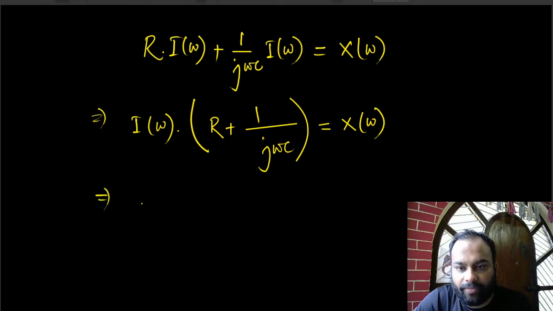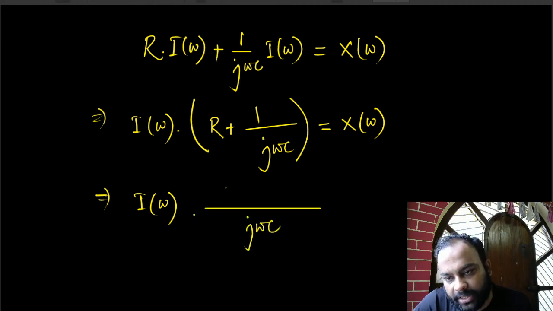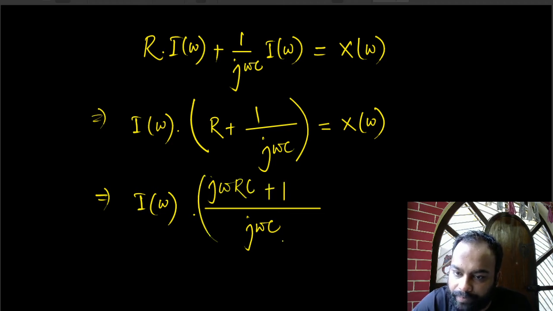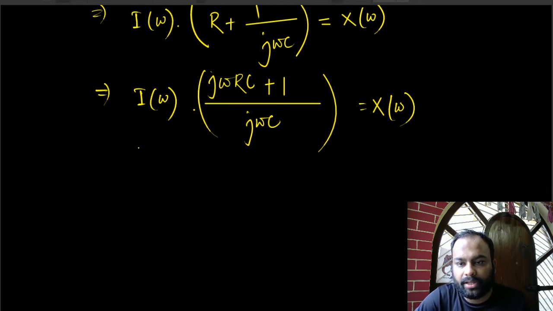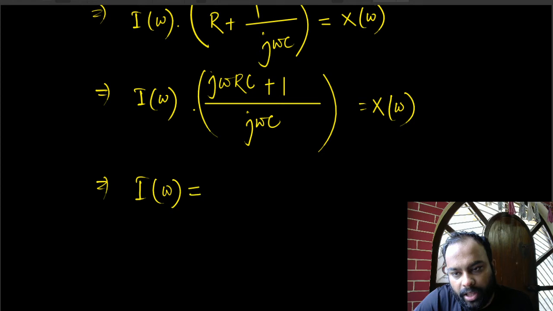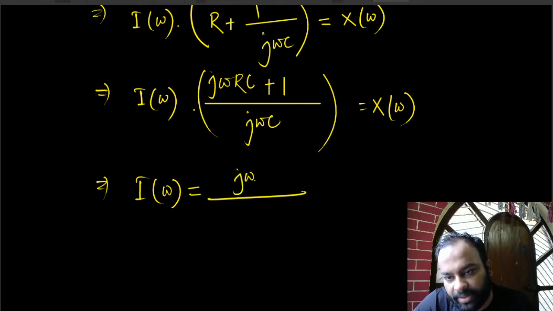So I have I(ω) into (jωRC plus 1) by jωC equal to X(ω). So I have I(ω) equal to, this thing can go to the right hand side and becomes a reciprocal.